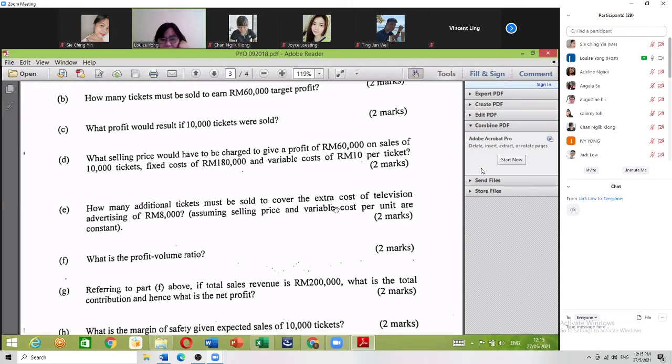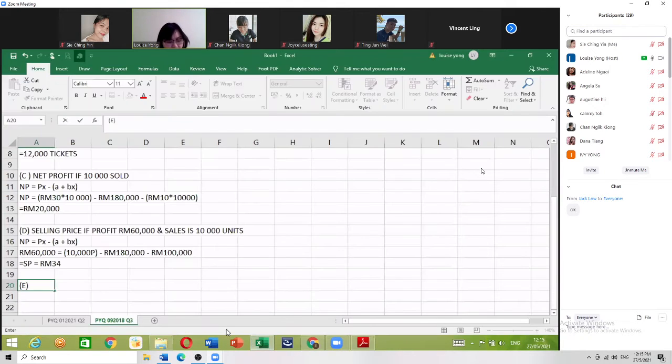Okay, E. How many additional tickets must be sold to cover the extra cost? Let's say you have extra TV advertising of 8,000, assuming that your selling price and variable cost per unit are constant. So you have an extra fixed cost of 8,000, then how many more tickets do you need to sell?